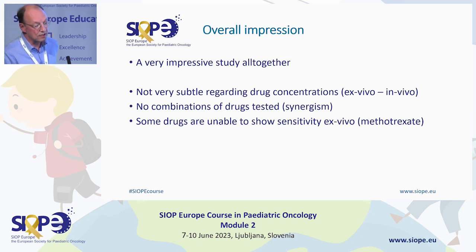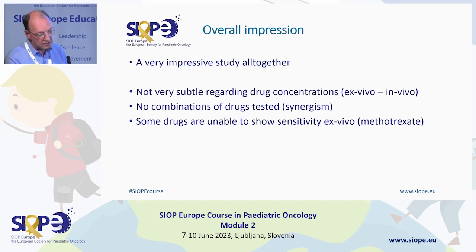As the authors also conclude themselves, this study didn't test combinations of drugs, and sometimes you give certain drugs for their synergism, and that wasn't studied in this study. According to the pharmacologist, he was a bit surprised that it was published at all in Nature.